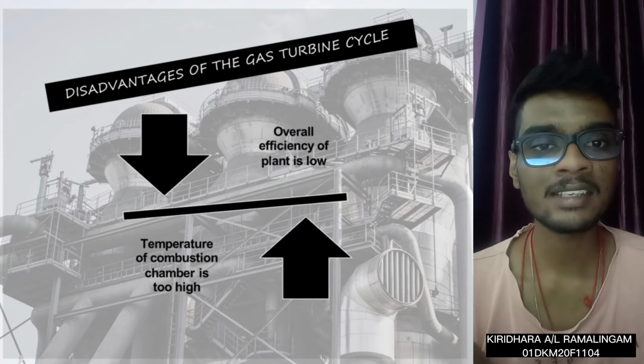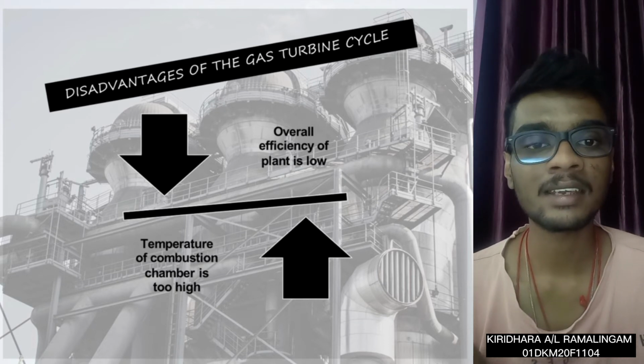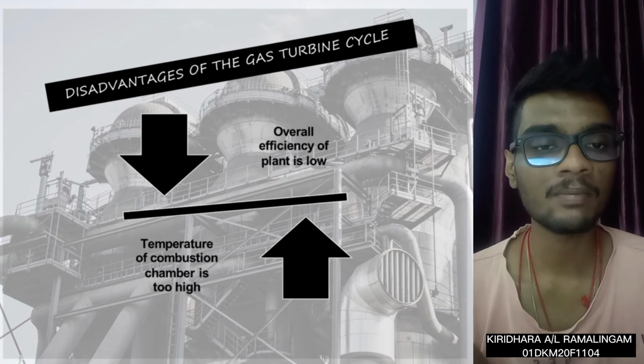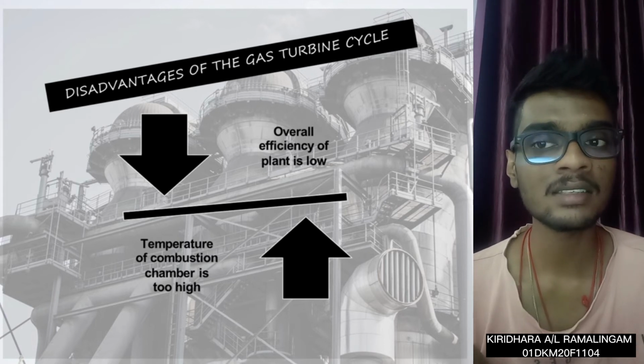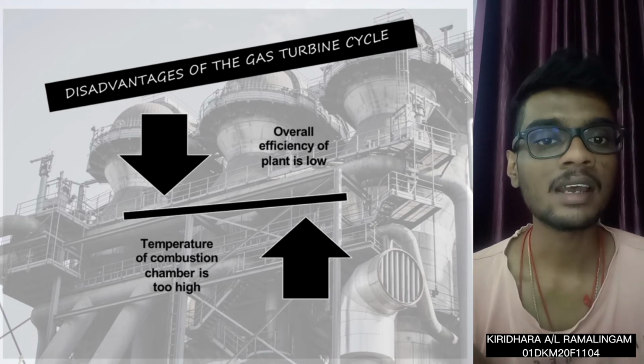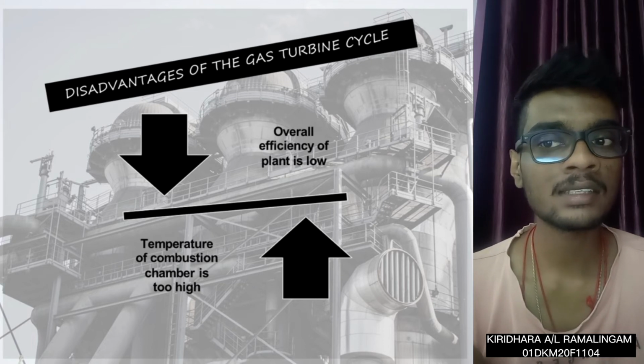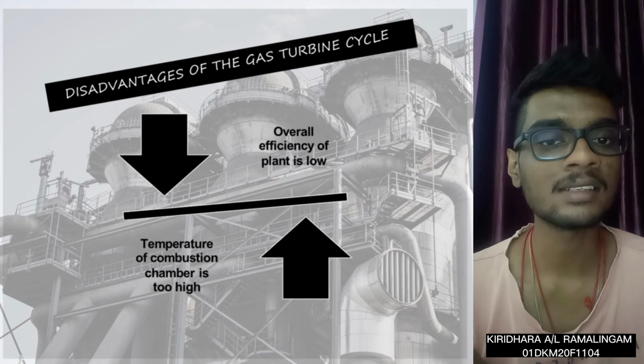The next disadvantage of the gas turbine cycle is that the overall efficiency of the plant is low. The overall efficiency in a gas turbine power plant is 20% because the exhaust gases still contain heat. The high quality of heat in these exhaust gases slowly decreases the efficiency of the plant cycle.